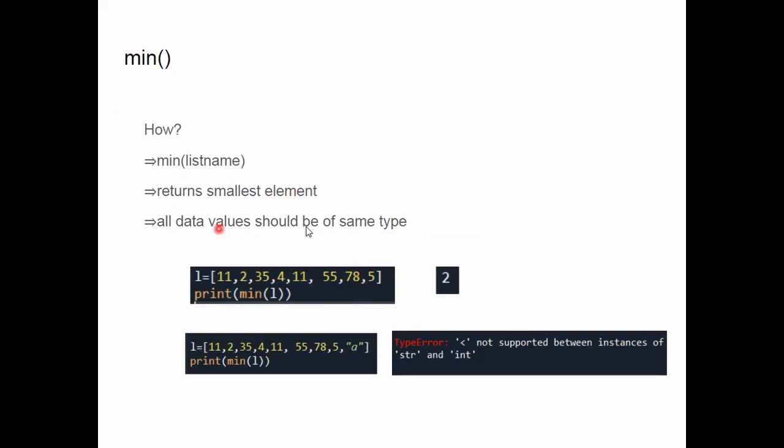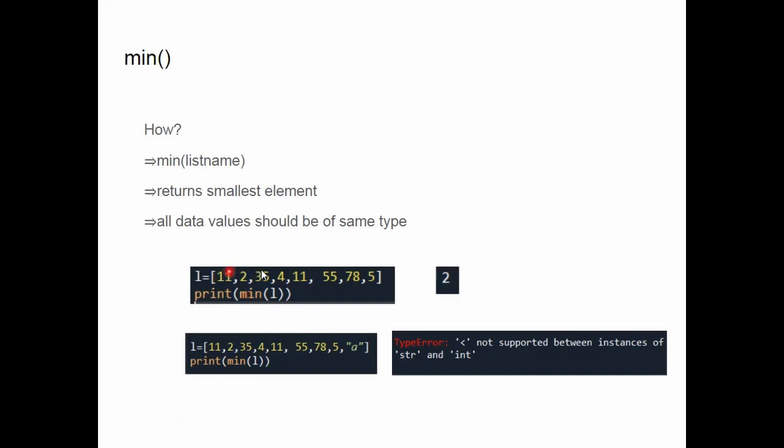All the data values should be of the same type. We cannot have different data types whenever we are using the min function, because min can be used with floating point numbers, with characters, with strings, with integers, but we cannot mix them in your list.